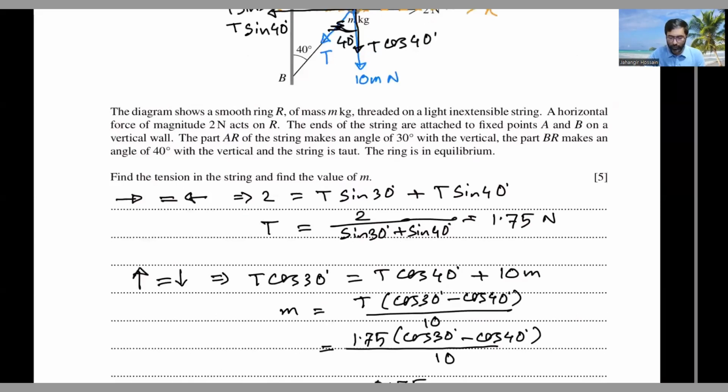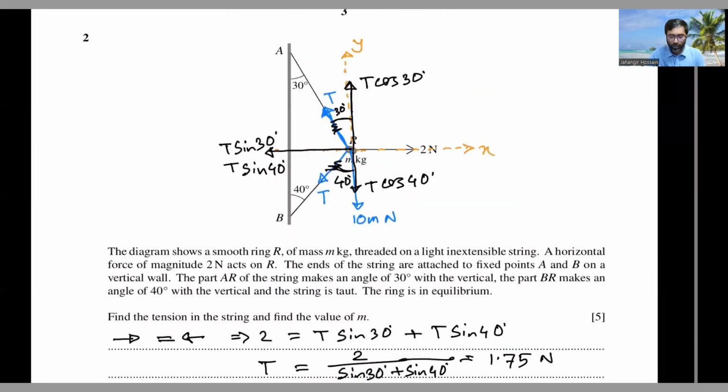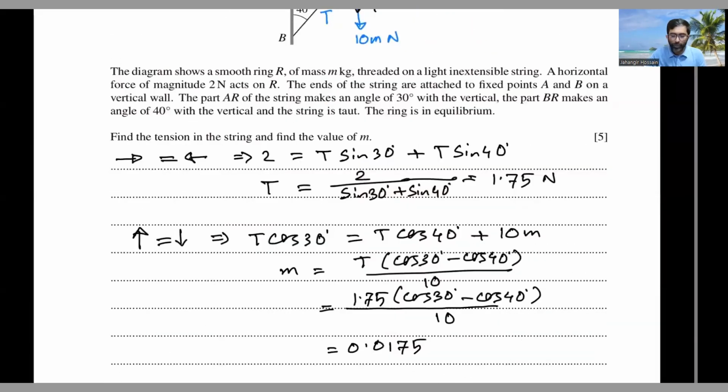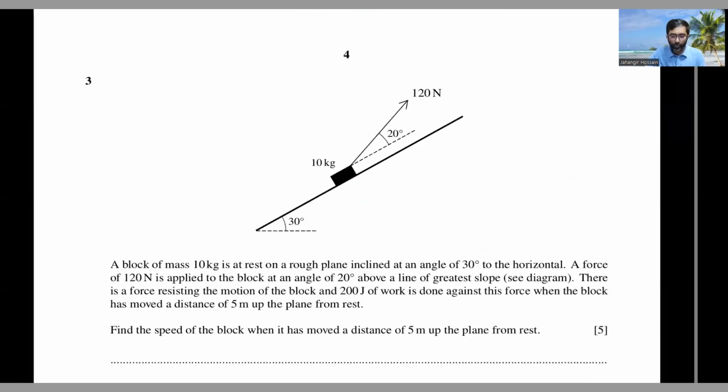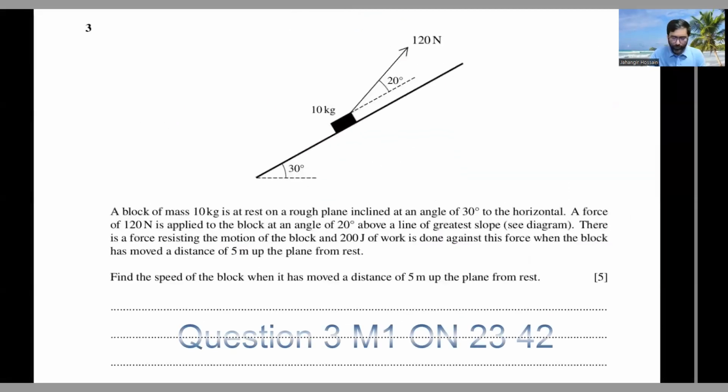So this is question number 2. Now let's move on to question number 3. In question 3, you see a block of mass 10 kg at rest on a rough plane inclined at an angle 30 degrees to the horizontal.